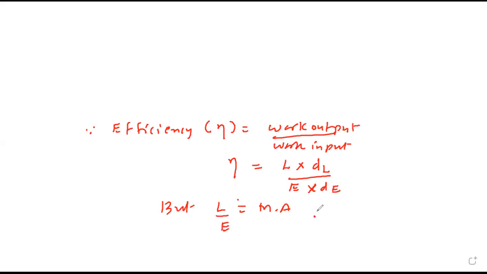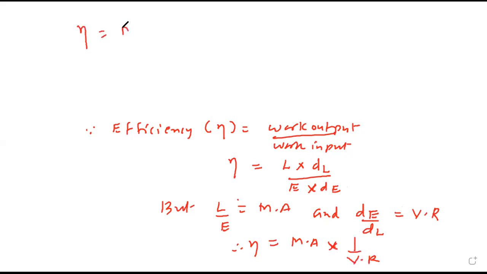And effort upon load displacement is velocity ratio. So we can say eta equals mechanical advantage, L by E, into dl upon de, which is the inverse of de upon dl, meaning 1 upon velocity ratio.